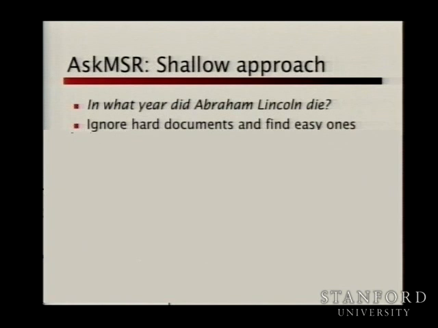There are hard ways you can find the answer. But on the web, it's reasonable to assume that there are going to be thousands of pages that say when Abraham Lincoln died, and maybe there are just very easy ways you can find it. Like, here's a common pattern that you see in lists of people. You have the person's name, and then you have their birth and death dates following it.